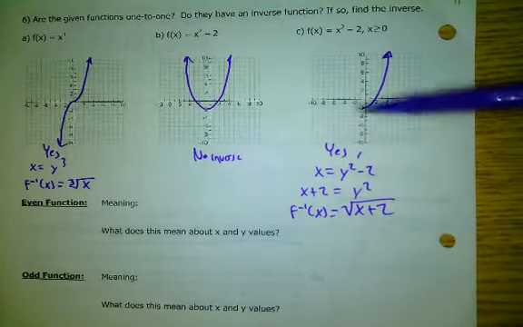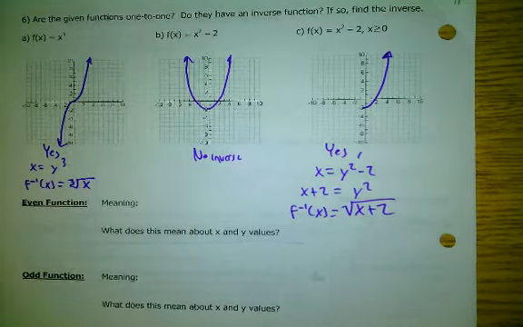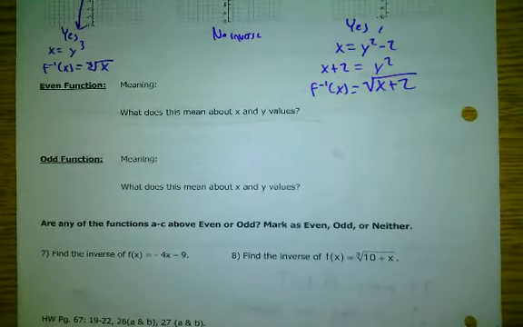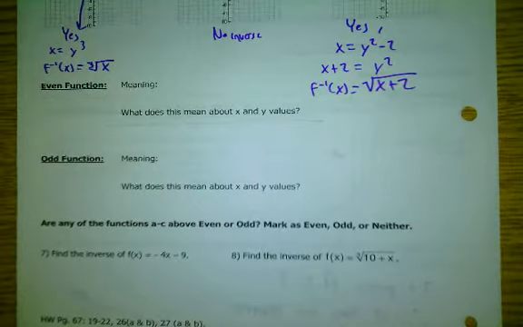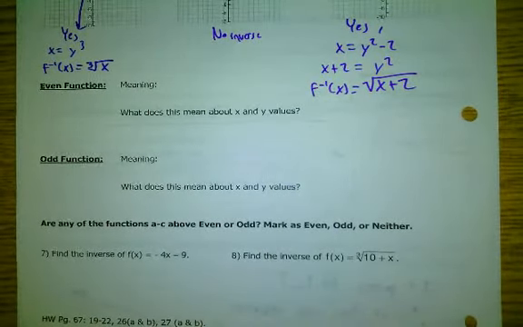Agreed? Alright, well I want you to look at part B. Isn't that an even function? Do you guys agree? I want you to look here, and you actually have the point 2, 2 on this side. And I'm going to tell you that you have the point negative 2, 2 on this side. Just looking at that, can you tell me what's happening?